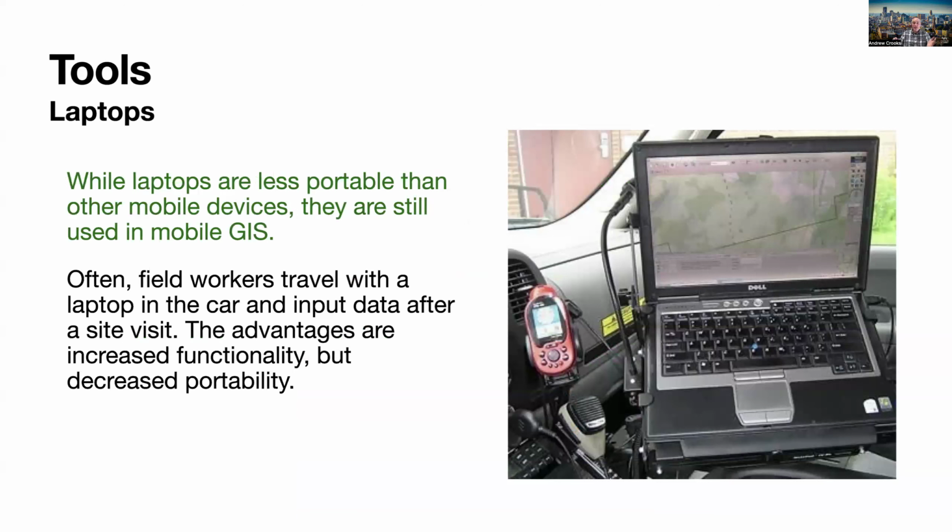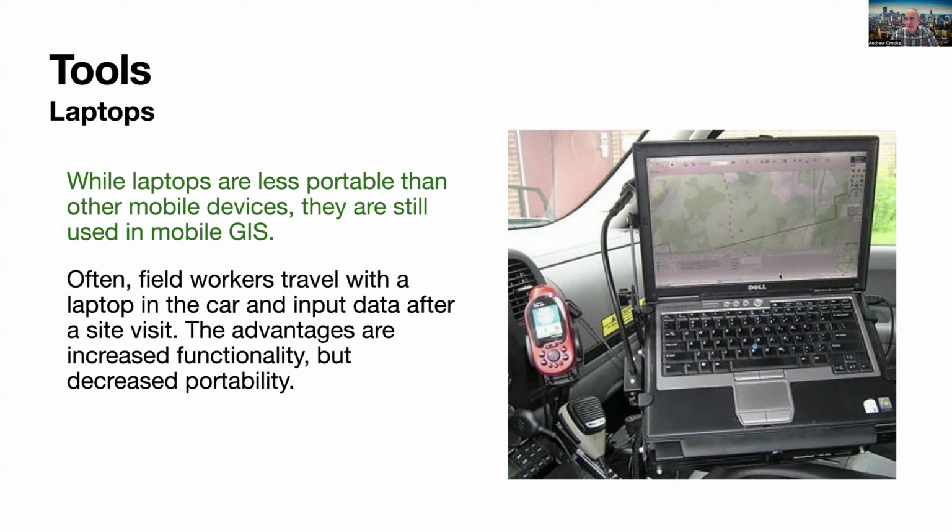Laptops are another mobile GIS. Remember, mobile GIS is that ability to take things from the office into the field. Laptops, yes, aren't as convenient to take into the field as a smartphone, right? So they're less portable than other mobile devices, but they're still used for mobile GIS.